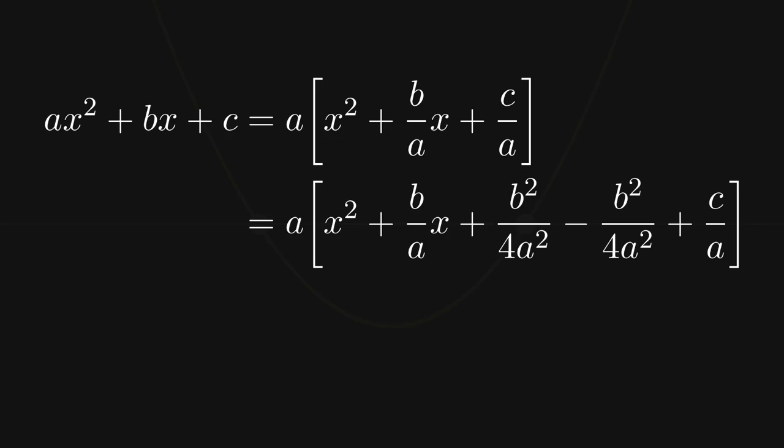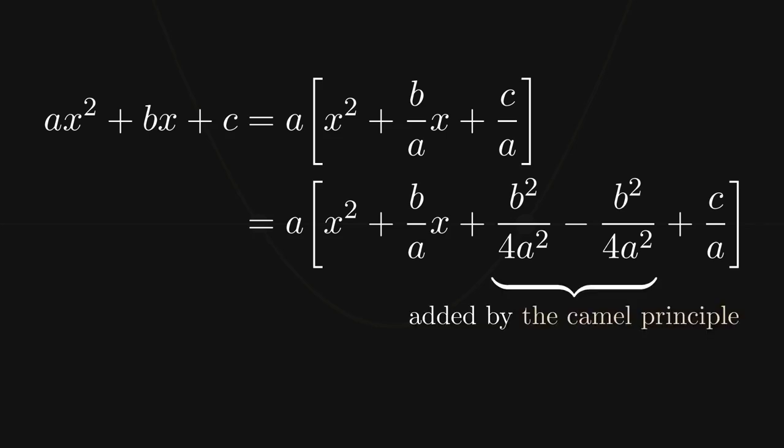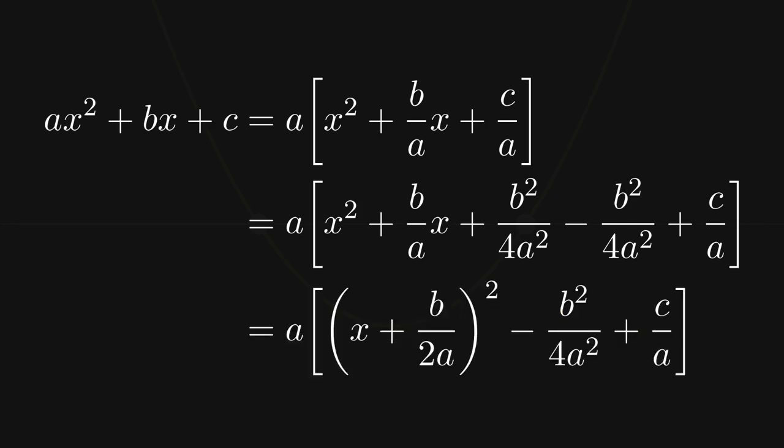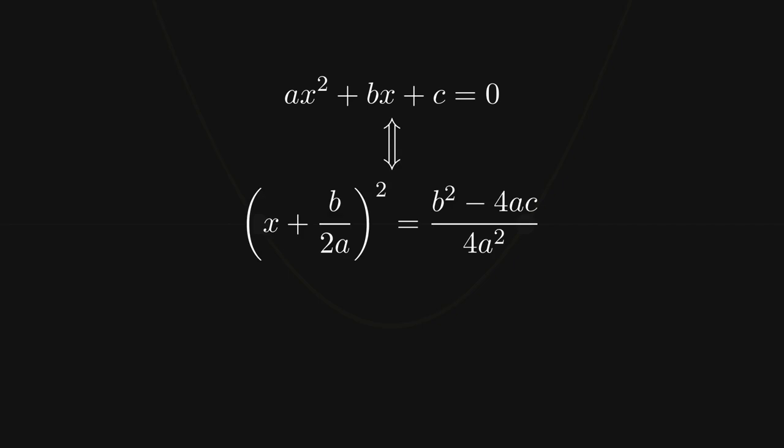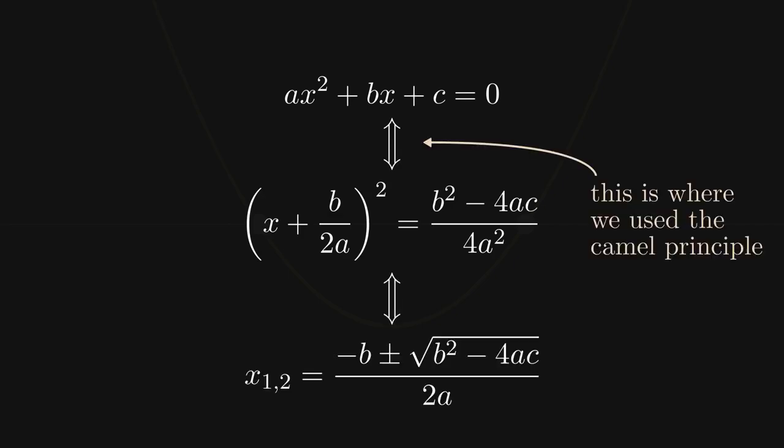As the square of b over 2a is not there, we apply the Camel principle to conjure it up. This is called completing the square. Now we can apply the previously seen algebraic identity to isolate x into one term. Since the product of two terms is 0 if and only if either term is 0, this move leads straight to the solution formula.